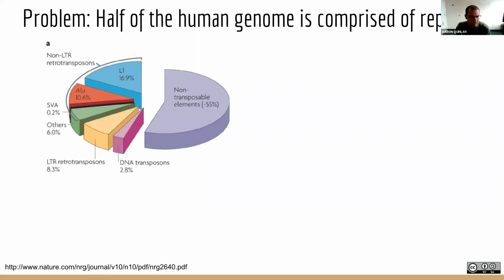All right, so I mentioned the fact that the human genome is comprised of repeats. We've seen this slide before. This is an early estimate, I think from around 2010, where the estimate was that about 45% of the human genome was retrotransposon or transposons of some sort. Retrotransposons here, and then DNA transposons are barely 3%.